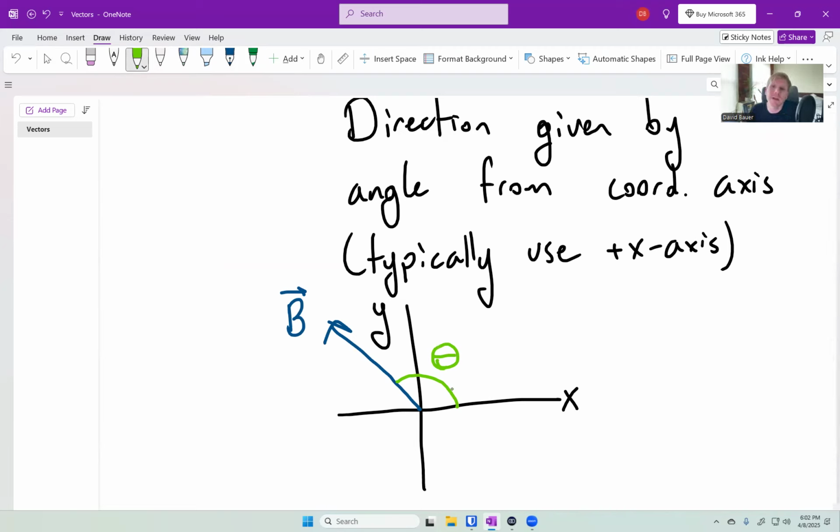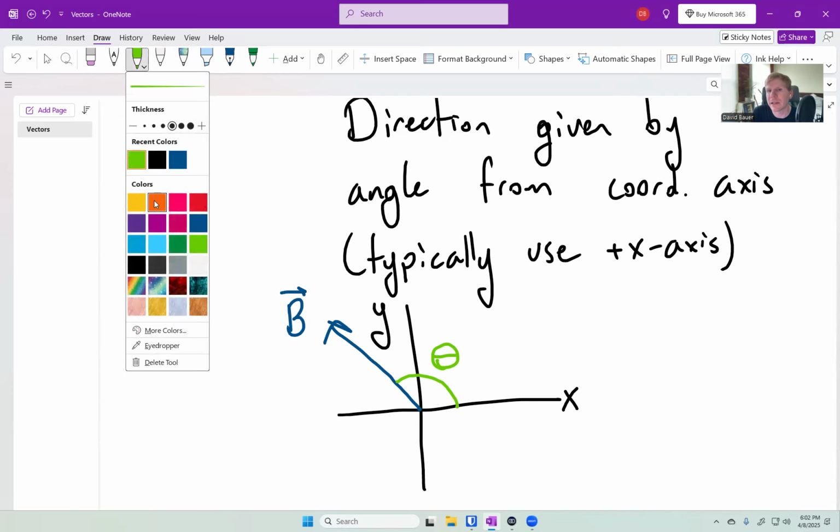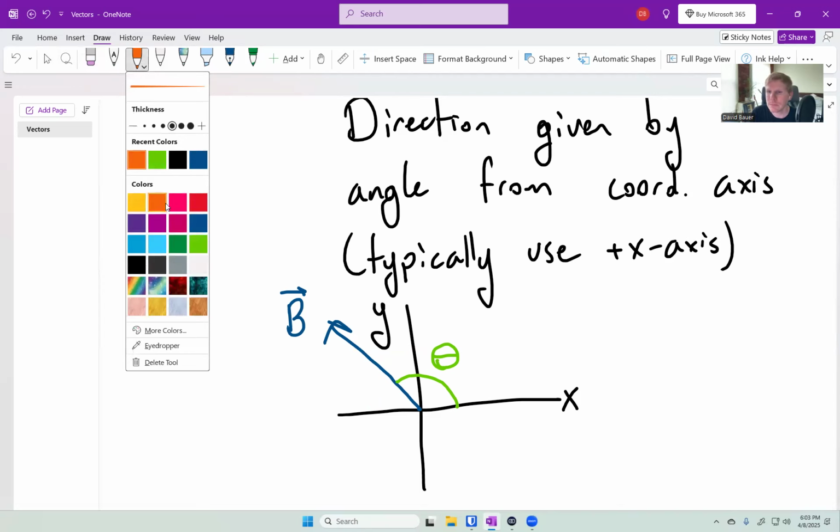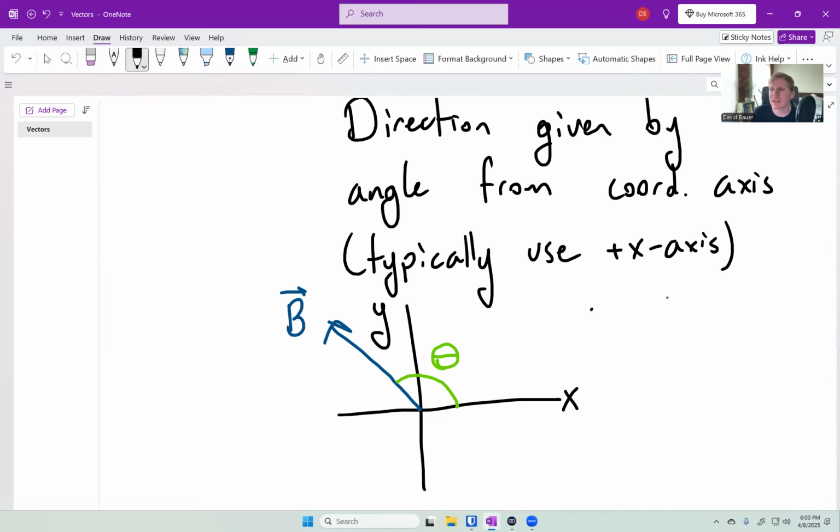We could give a different angle if we wanted to. I could specify this vector by giving this angle from the positive y-axis or this angle from the negative x-axis or something. But the convention is to use the angle from the horizontal, from the positive x-axis. Okay, so that's one way to represent a vector.